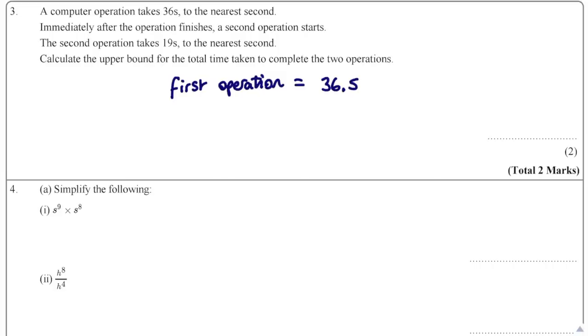Because the nearest second means 1 second, we divide that into 2 separate parts, so we get 0.5 seconds. And then we add 0.5 to 36 to get the upper bound, and we subtract 0.5 from 36 to get the lower bound. So we can apply the same principle to the second operation.